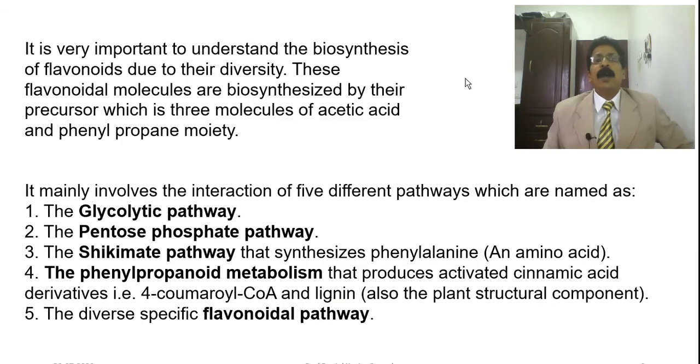It is important to understand the biosynthesis of flavonoids due to their diversity. They also have glycosidic linkages, which give multiple structures. These flavonoid molecules are biosynthesized from their precursors, which are three molecules of acetic acid and a phenylpropane moiety.